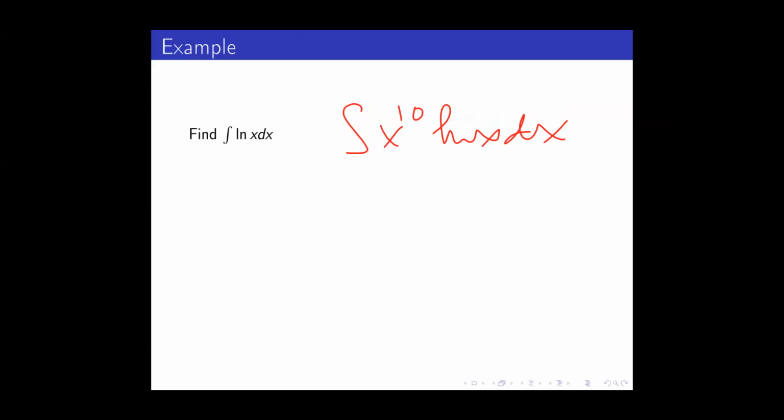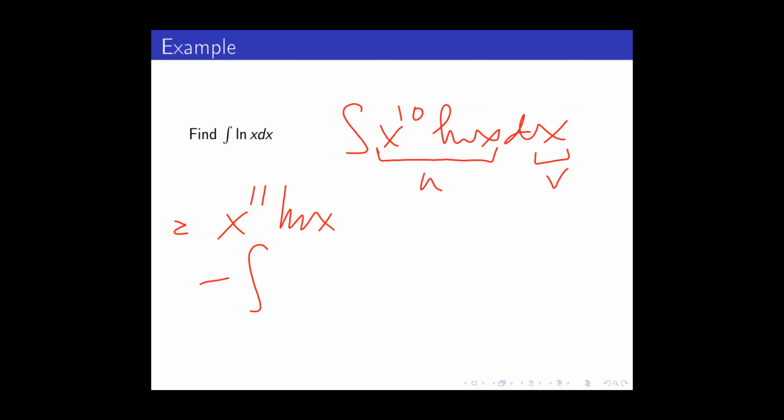One way to do this is you try as before. You leave this alone, so this is u and your v is still x. Then what you get is u times v, so x to the power 11 log x, and then minus the integral of v du.